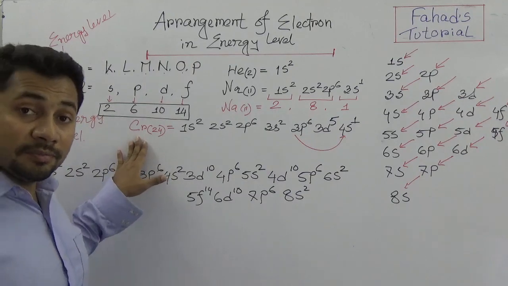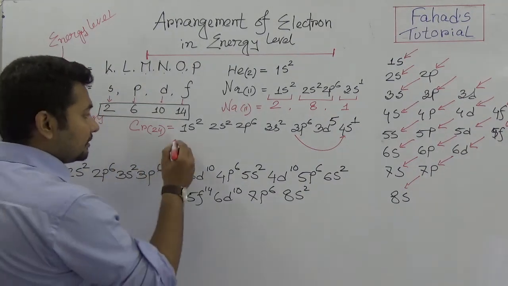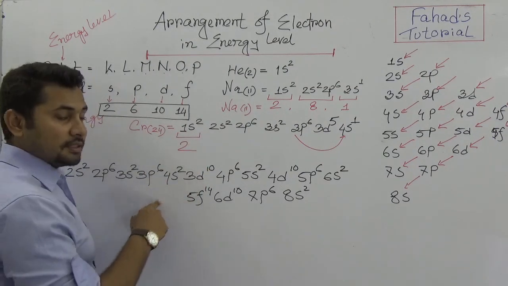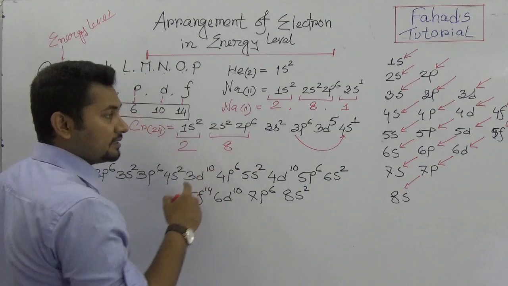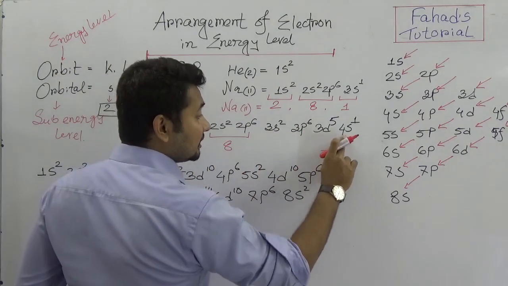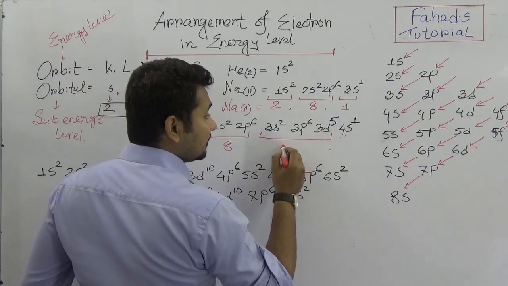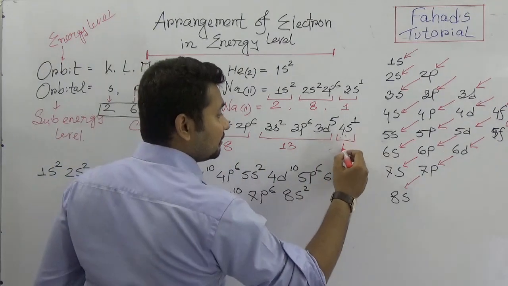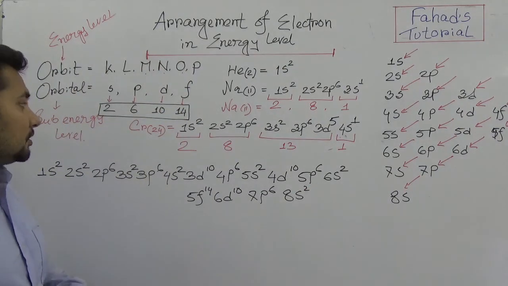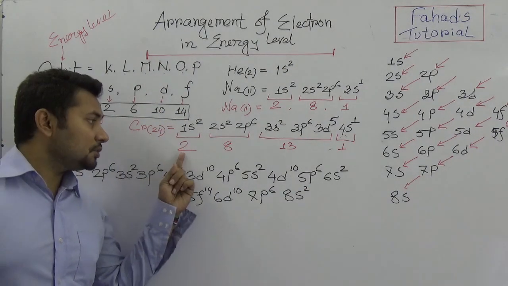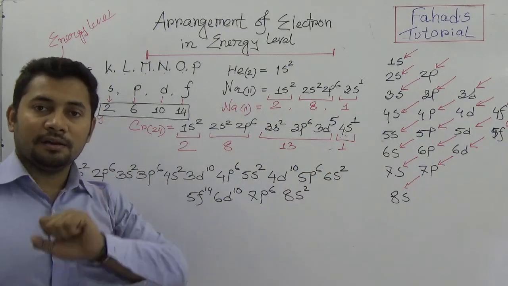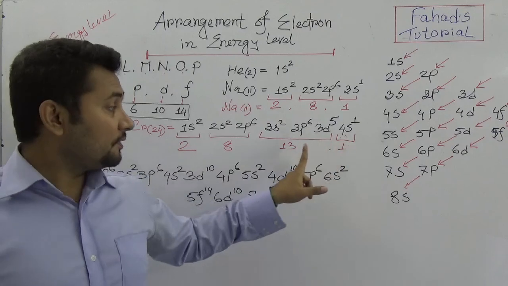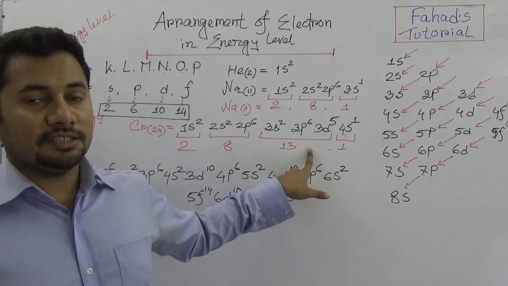So in case of chromium, we can see that for the first time, in the first shell there will be 2 electrons, in the second shell there will be 8 electrons, in the third shell there would be 13 electrons, and in the fourth shell there will be 1 electron. So the electron configuration of chromium is 2, 8, 13, 1. So there is 1 electron in the fourth shell and 13 electrons in the third shell.